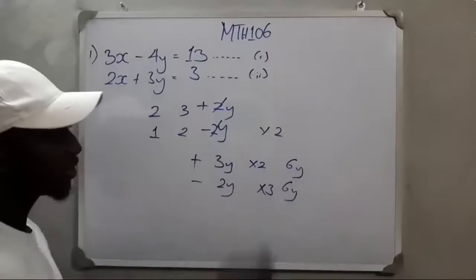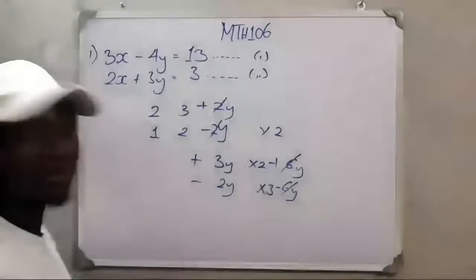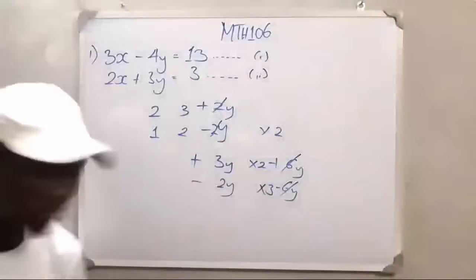This is 6y, this is 6y, one positive and one negative, and we cancel it out. This is what we do in most cases.